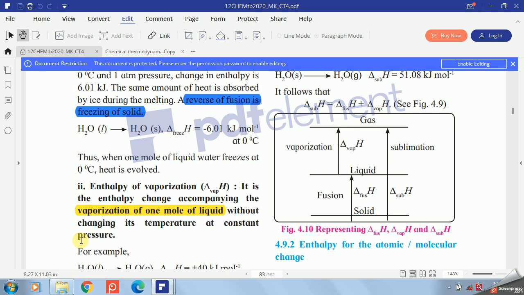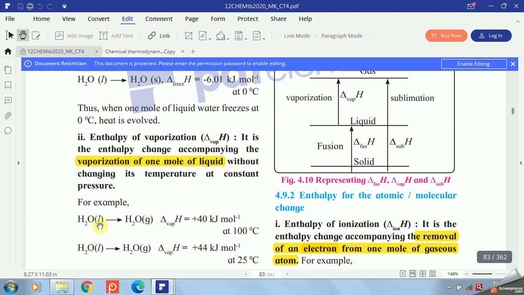Vaporization means H2O liquid gets converted into gas. So plus 40 kilojoule per mole, and vaporization of water takes place at 100 degrees centigrade. So 40 kilojoule amount of heat will be supplied to that water, and then it gets converted into water vapor. All are familiar with the boiling point of water, and this takes place at the boiling point.